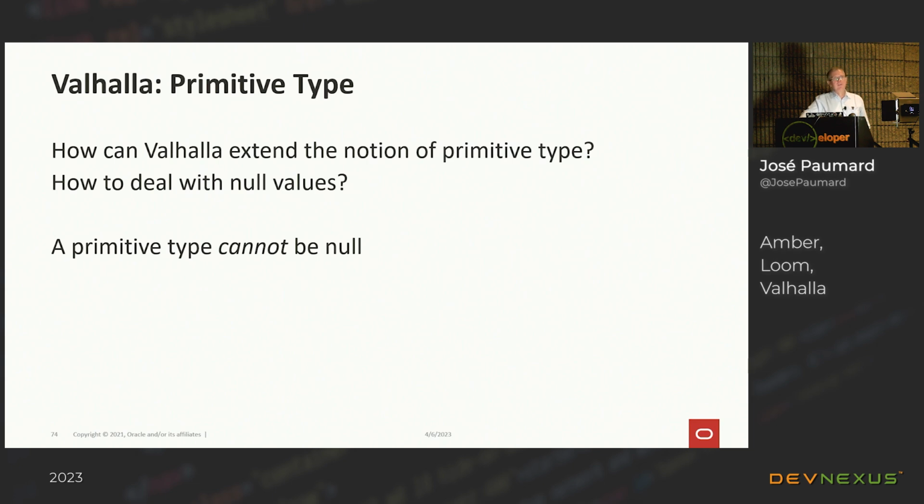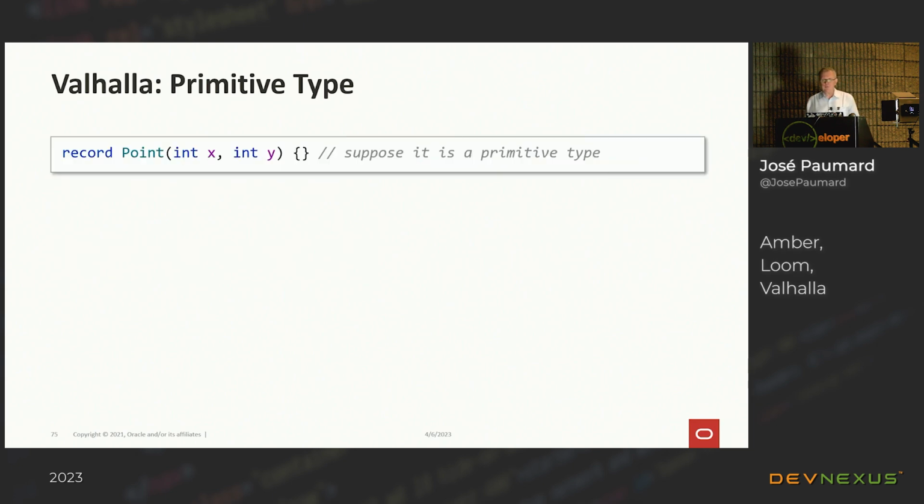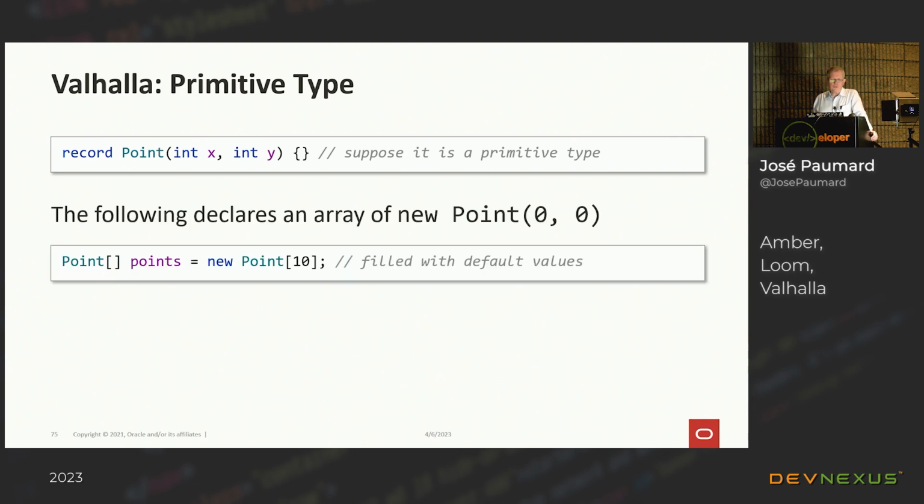And that's a problem because if you have, for instance, a record that is a point, and you want to create an array of points, and you say, okay, this point is actually not a real record, it's a primitive record, so I want to avoid it being null.